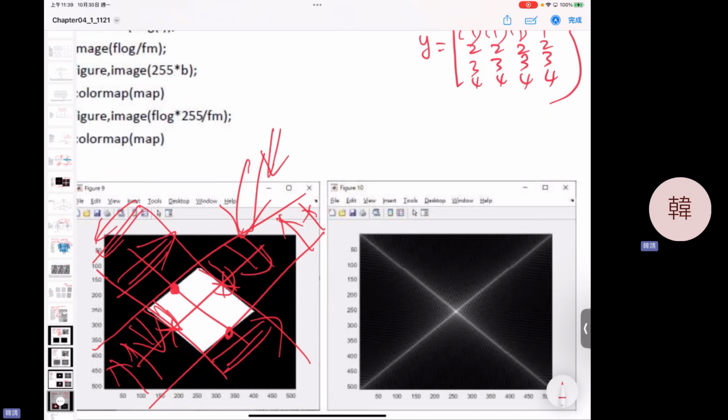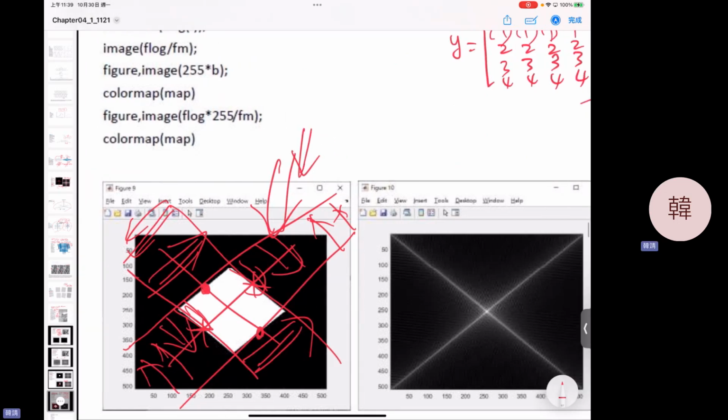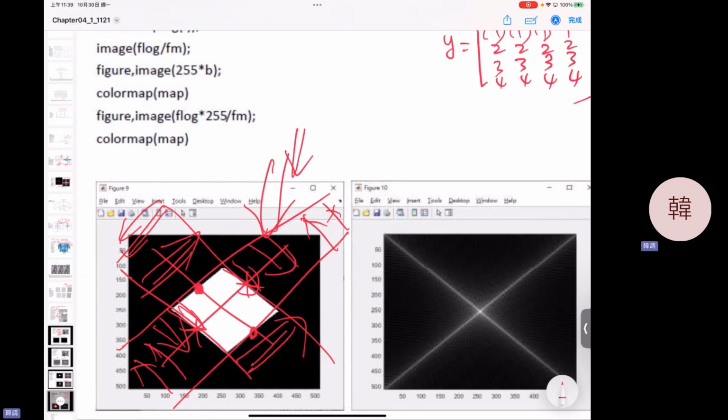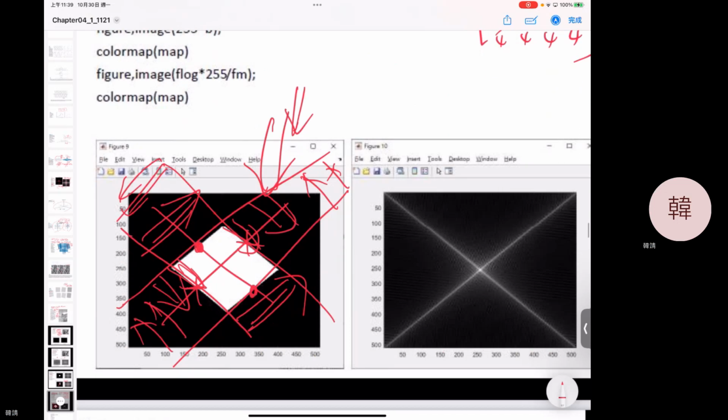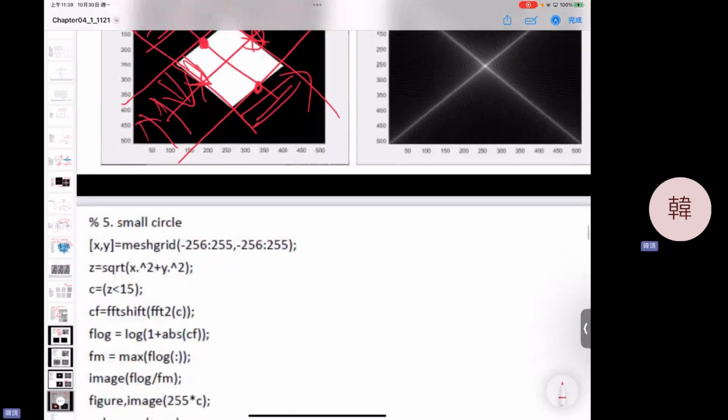Wider becomes narrower, narrower becomes wider, between the spatial domain and frequency domain. So that's all example for you.